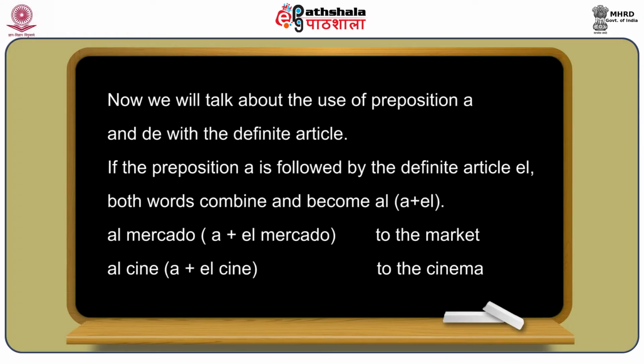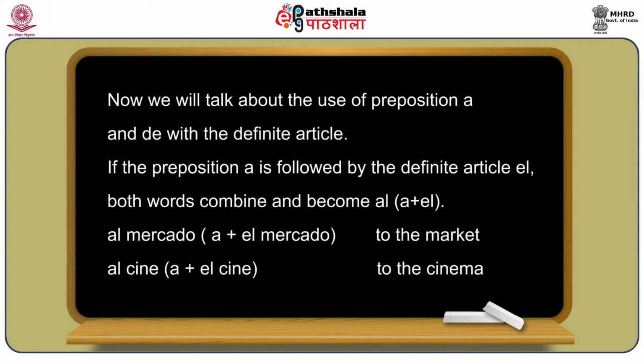Now you should pay attention when this el comes with certain prepositions like a and de. What happens when the definite article comes with the preposition a and the preposition de?